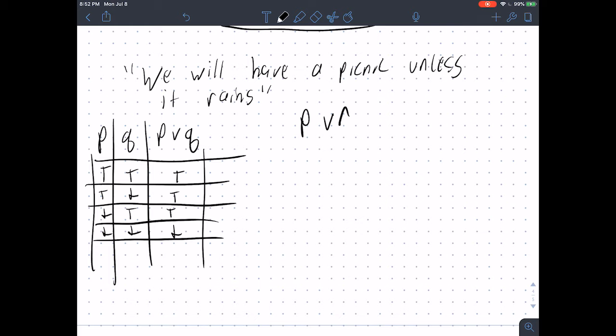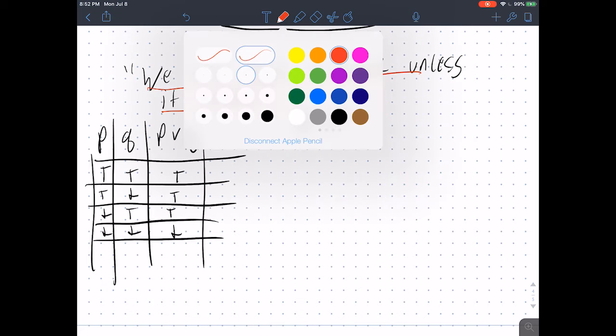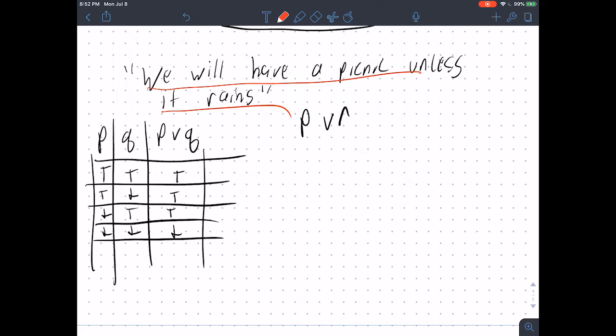And for some of the ways in which we use the word unless in ordinary language, this does work. But if you consider a sentence like we'll have a picnic unless it rains, well, when we say that, what are we saying exactly? If it's adequately captured by our normal alternation operator, right, then it's true as long as one side or both sides is true.